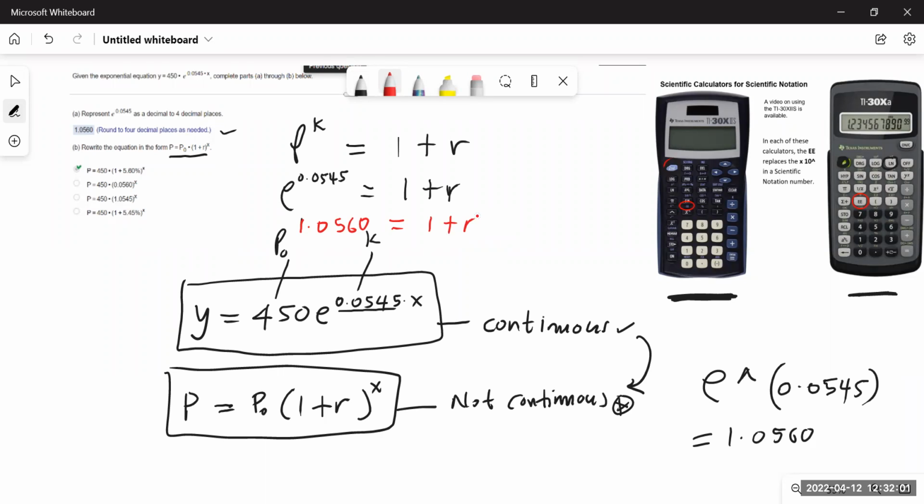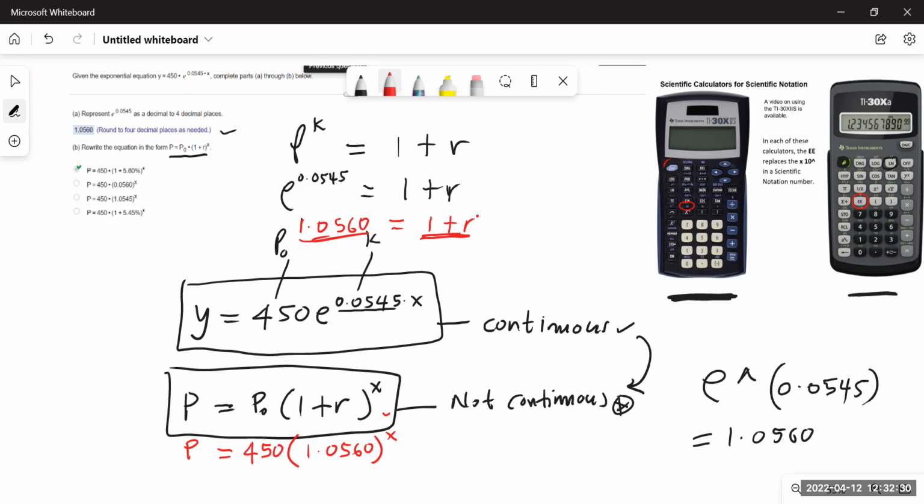So it is easier to do that substitution now because you have this 1 plus your R being equal to that. You can substitute that into this equation right here. Okay, so you have your 450 as your P naught, and then 1 plus your R is 1.0560, and this is exponent what, your X, and that's all that we want.